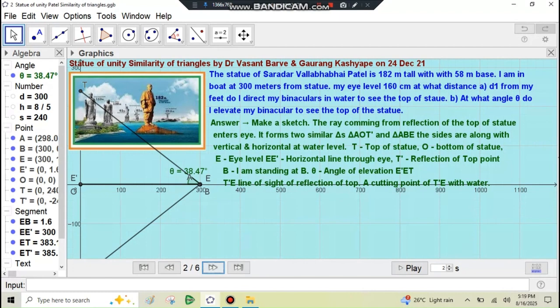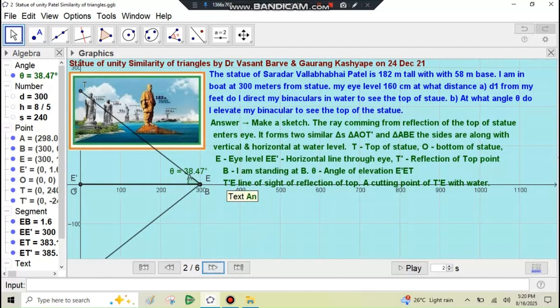Now let us see that I make a sketch. The ray coming from reflection of the top of the statue enters my eye. It forms the image. See, this particular reflection or from this, it will be the same.